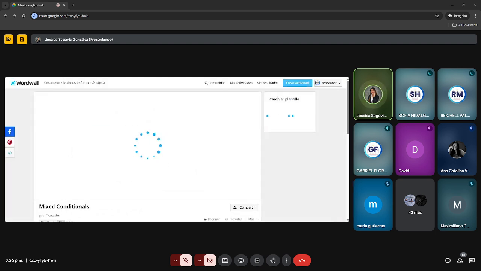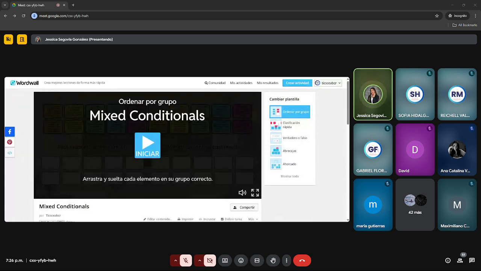I was telling the students that it is very important for you to know how to identify the mixed conditional. Why? Because if you know how to identify, then you are going to be familiarized with the structure. And if you recognize the structure, then it's going to be easier for you to tell one from the other.